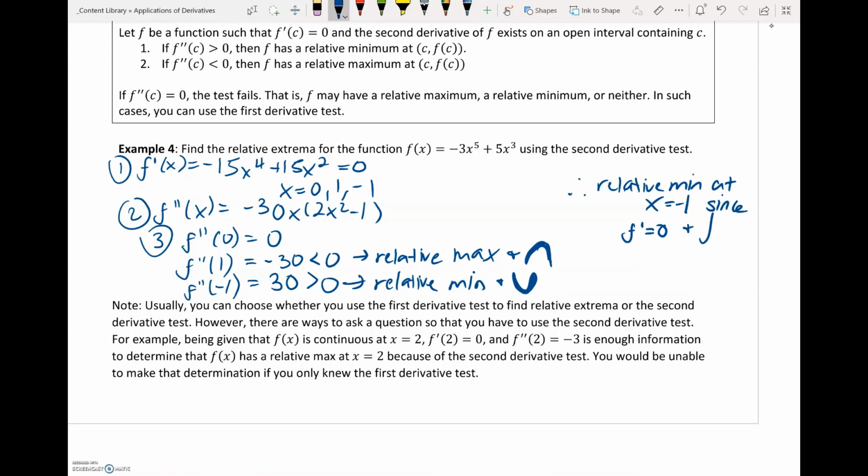And the other reason we know we have a relative min there is that our double derivative is positive. Then we have a relative max at x equals 1. And we know this because, again, it was a critical point when we found our first derivative, and f double prime is negative there.